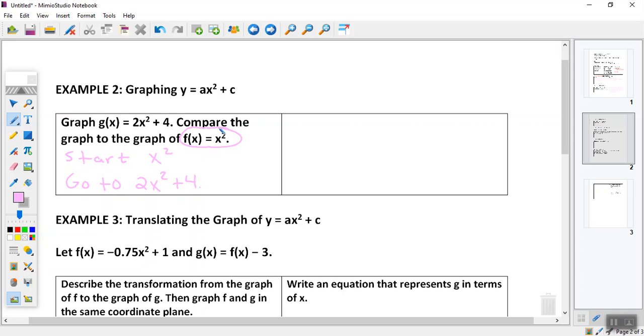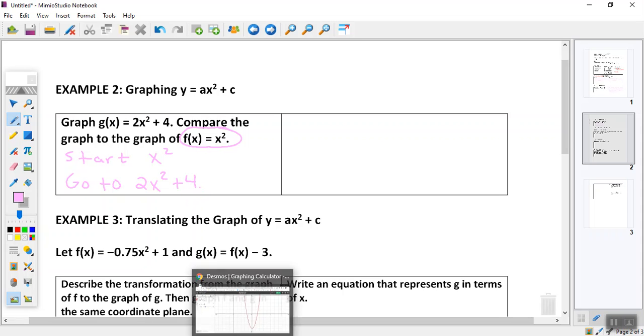Now guys, if I wanted to visualize this, what's this positive 2 out in front going to do to the original function? It's going to make a vertical stretch. It's going to pull the points away from the x-axis by a factor of 2, or multiple of 2, I should say. And then, what's this plus 4 going to do now?